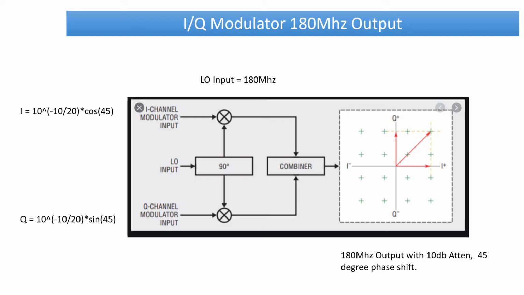So an IQ modulator or demodulator essentially preserves the amplitude and phase of a signal. And when you do that, you can create any type of modulation signal. So that is why IQ modulators are very common, because if the modulation scheme were to change, the hardware does not.